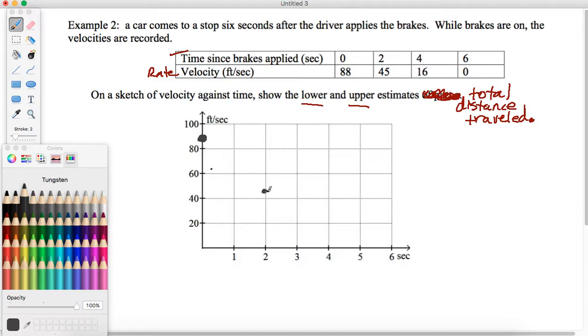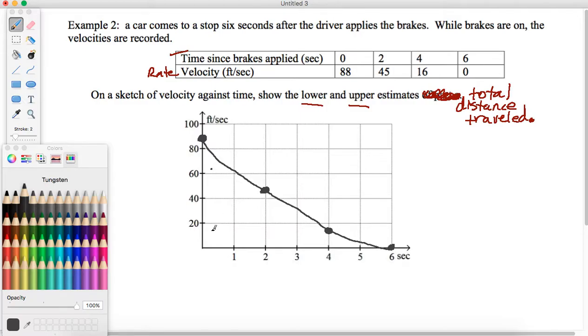I almost put that as 145. 16. And 0. That's when the car comes to a stop, right? And I can try to draw a curve that represents that rate of change, okay? Something like that.